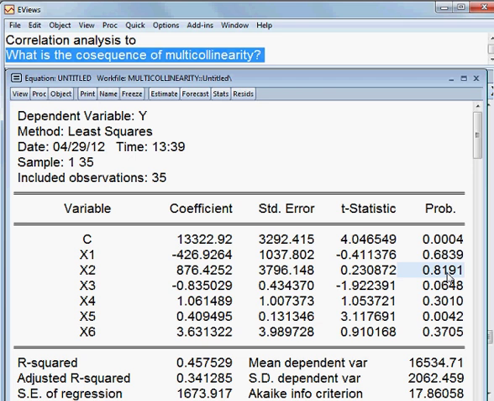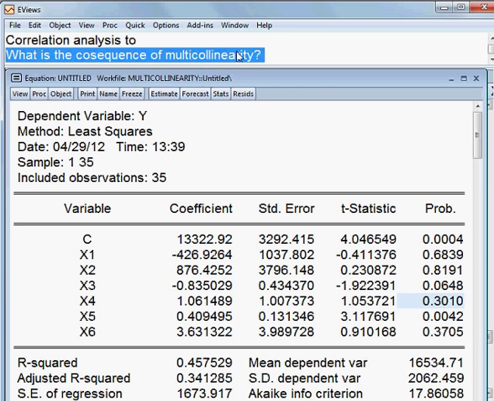But actually, maybe x2 is significant, but because of the problem of multicollinearity, it becomes insignificant, right? And it is the same story here with x4.